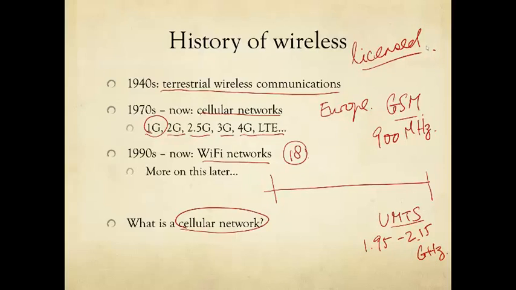And for example, in the US, the government has collected tens of billions of dollars from wireless operators and sell them the right to transmit in different regions of the country in different parts of the spectrum. Suppose you are given a certain part of the spectrum, for example, between 1.95 to 2.15 gigahertz. You can divide that further into different chunks of frequency bands.